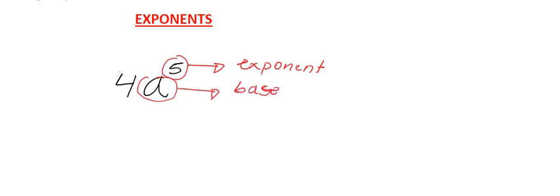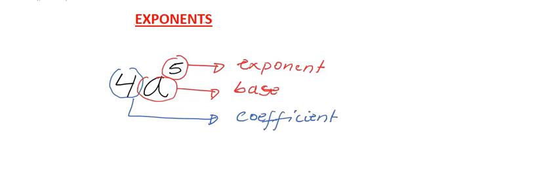The 4 here is called a coefficient. If you take a and 5 all together, it's called a power. Whenever in mathematics you hear about power, the power is a combination of exponent and base.